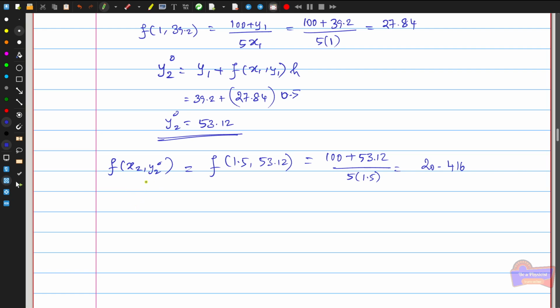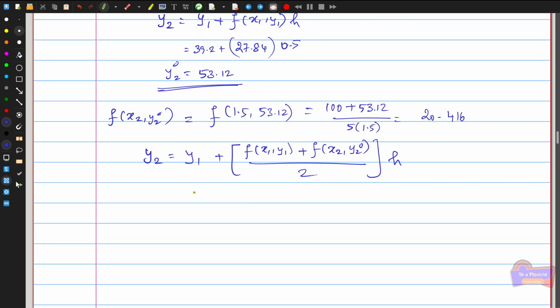Substituting these values into the corrector formula, y2 is equal to y1 plus [f of x1 comma y1 plus f of x2 comma y20] divided by 2 times h. I know all these values, so I can easily substitute them. The y1 value is 39.2 plus the slope we calculated, 27.84, plus the slope value 20.416, divided by 2, multiplied by the time step 0.5.